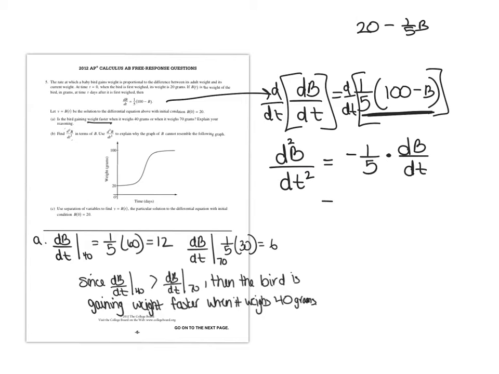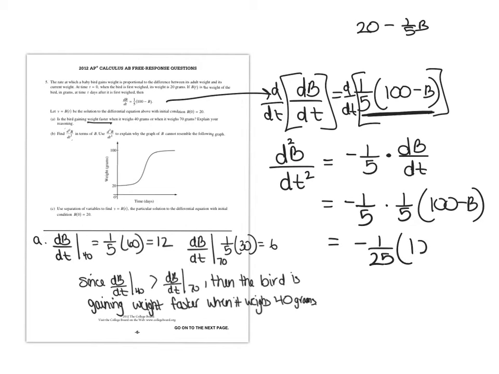If we keep going and plug in what dB/dt is, it gives us negative 1/25 times (100 minus B).